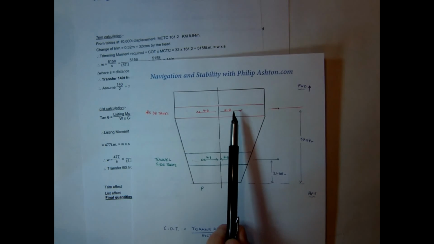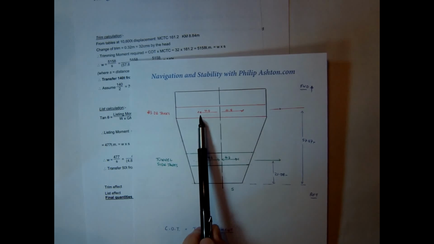S is the distance transferred transversely, and when we look at our sketch we're going to transfer from this centre to that centre. So it's important that you divide the listing moments by 4.8 twice. Okay, you must use twice 4.8. So we're going to move 50 tons, and we're going to transfer from starboard to port.